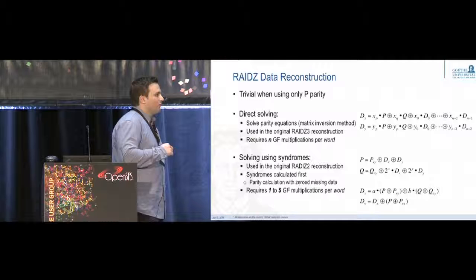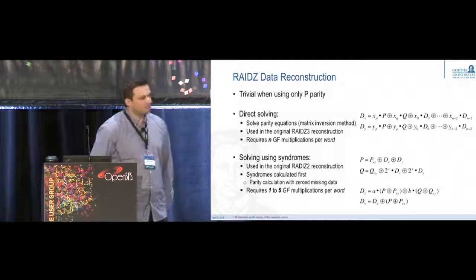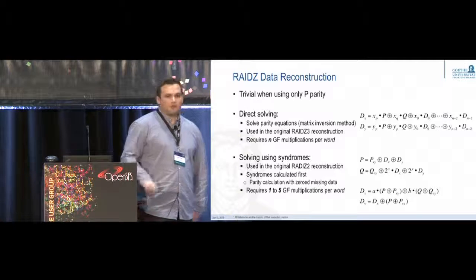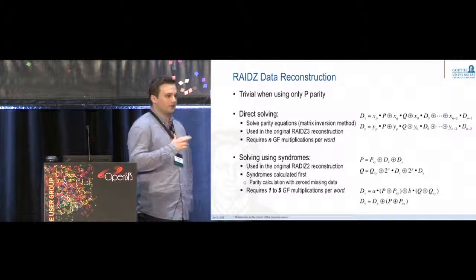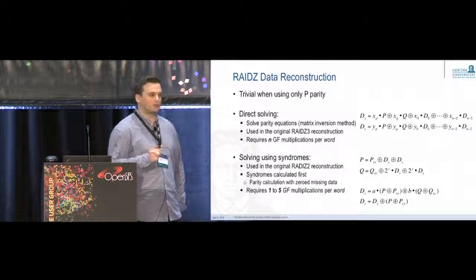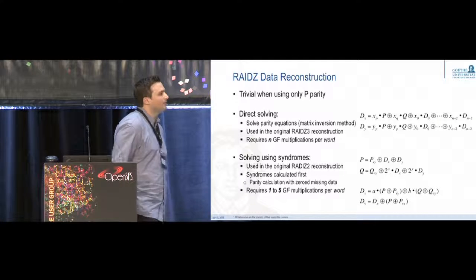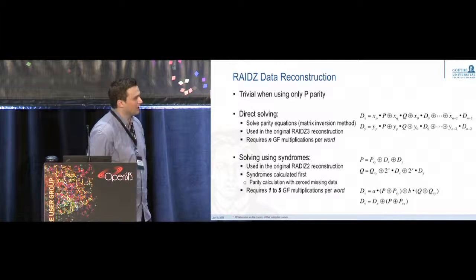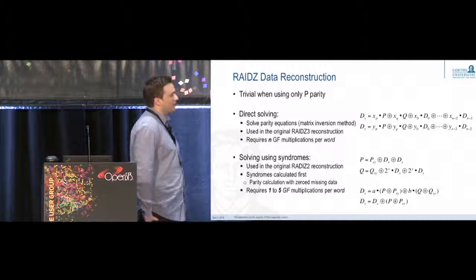Another way of solving the equations is using syndromes. Basically, we first compute a checksum where we set the missing data parts to 0. Then we reduce the parity equations to the equation shown here in the middle, and then we can solve for the missing data blocks.